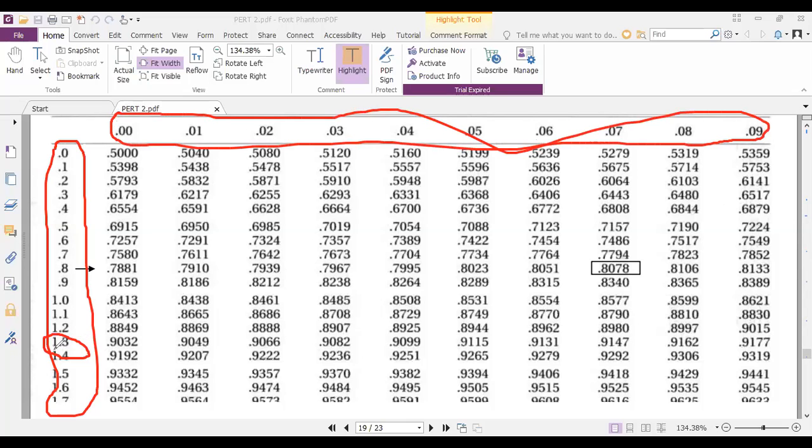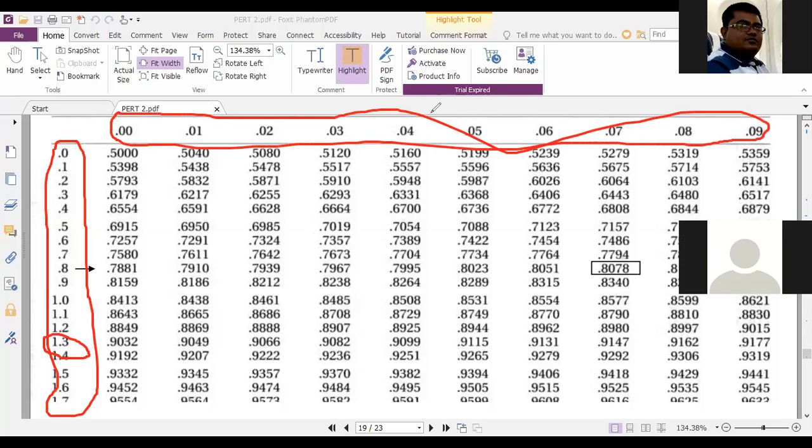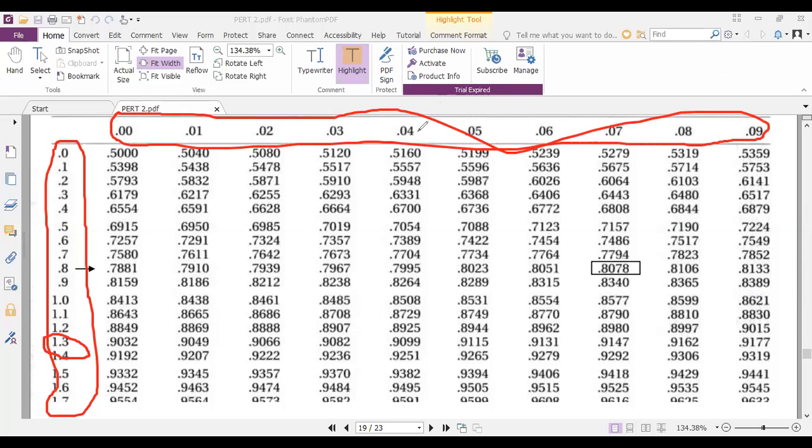You have to select 1.3 from this side and 0.4 from this side. So you have to consider the value of these two: this 1.3 row and this 0.04 column. That value comes here. I have made a round to this value: 0.9099.